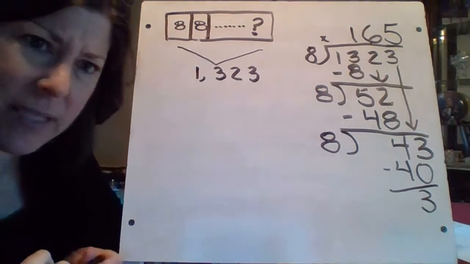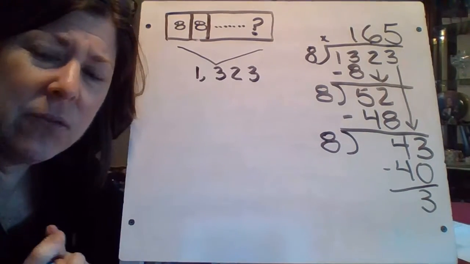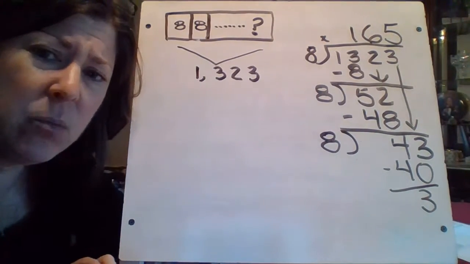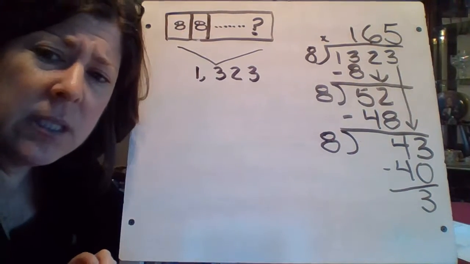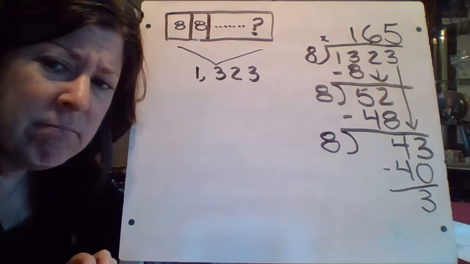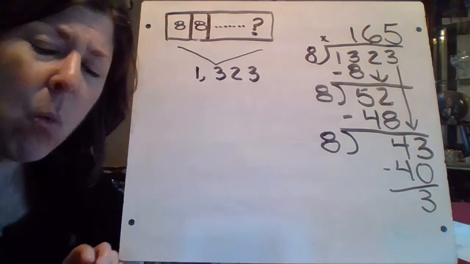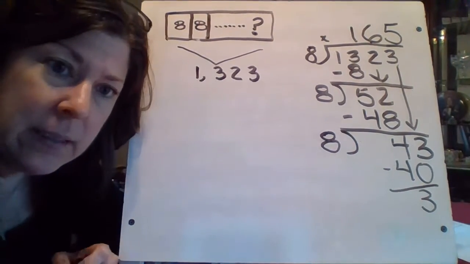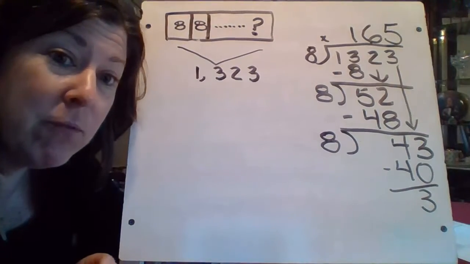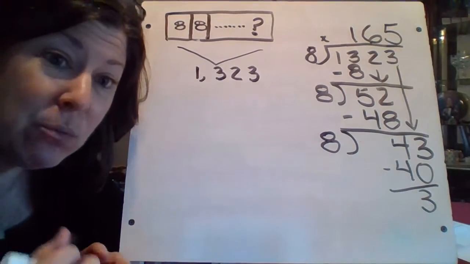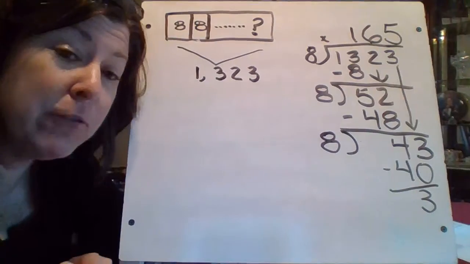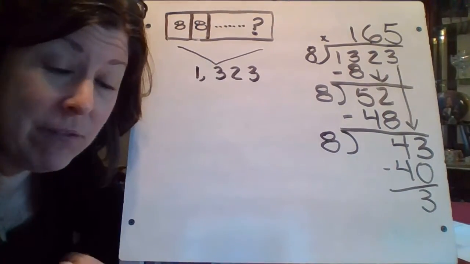Now let's think about this answer. Would it make sense for me to say, oh, the workers need 165 remainder 3 vases? No, that doesn't make sense. What is that remainder 3? What were we dividing up? Well, we were dividing up flowers. So that 3 is 3 flowers that are left over, not in a vase.